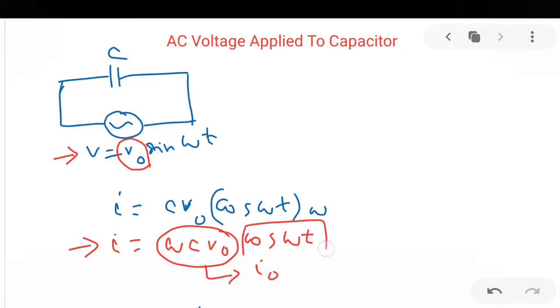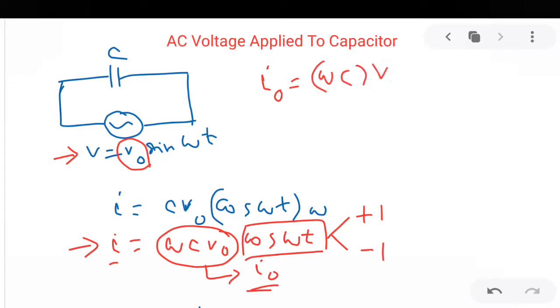Because again cos ωt will acquire maximum values of +1 and -1. When it acquires this maximum value +1 or -1, this current will acquire maximum value plus ωCV₀ or minus ωCV₀. So this will be the peak value represented by I₀. So I₀ is equal to ωCV₀.